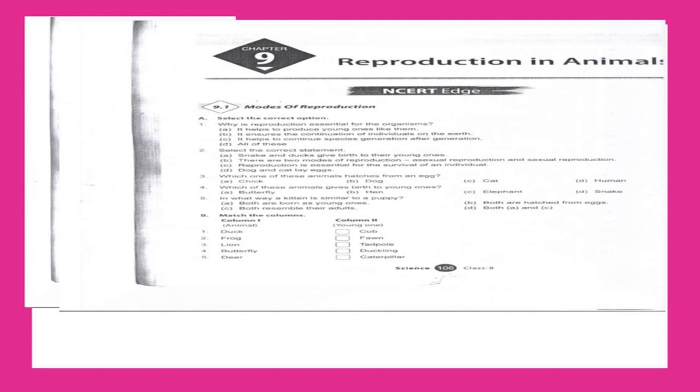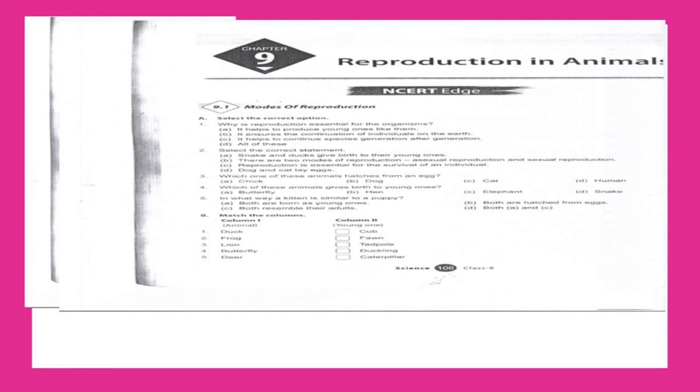The correct statement is: there are two modes of reproduction, asexual and sexual. Reproduction is essential for continuation of the species. So the correct option is B.